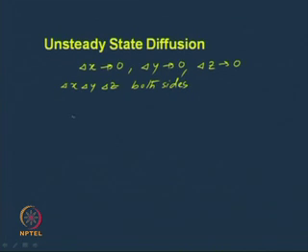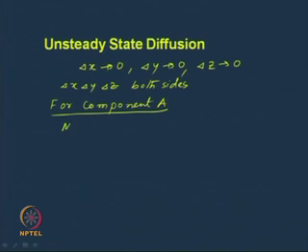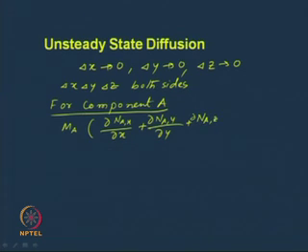Then for component A, we can write M A into del N A x del x plus del N A y del y plus del N A z del z plus del rho A del t is equal to M A R A. So, this is equation number 7.1.